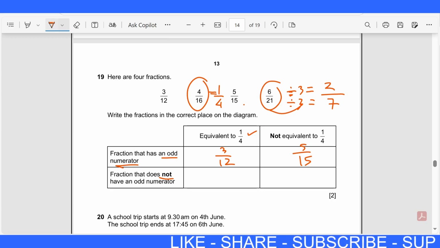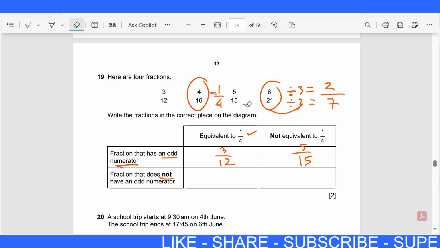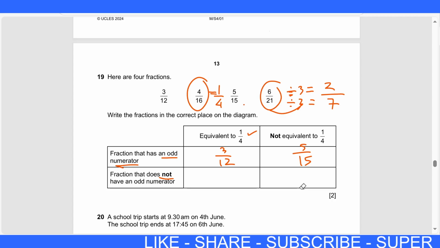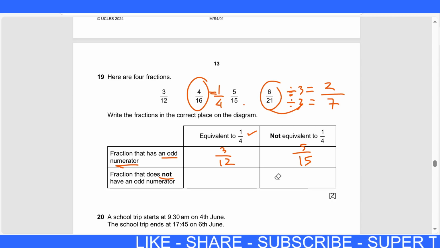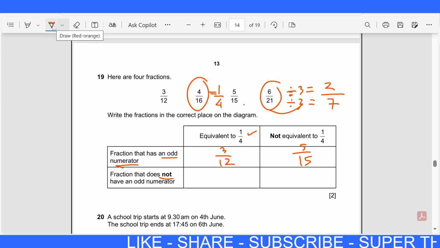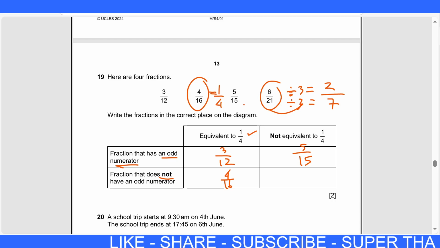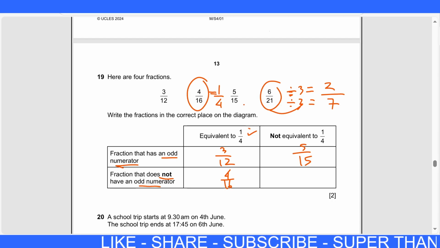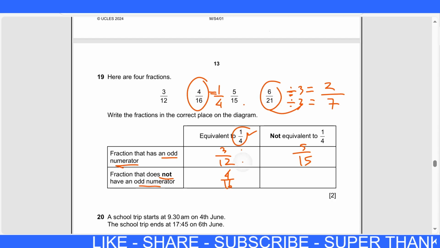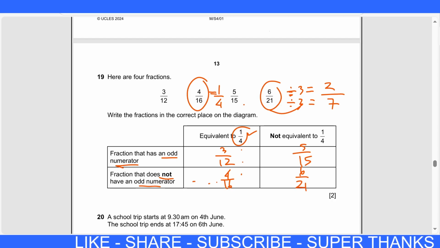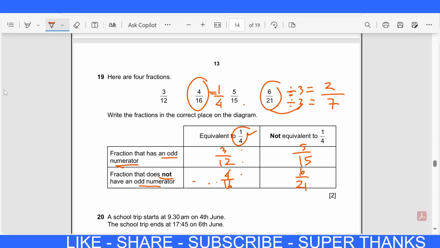So 4/16 goes here, and 6/21 goes here. Let's check: 4/16 fits the criteria, it does not have an odd numerator and is equivalent to 1/4. Okay, let's move on.